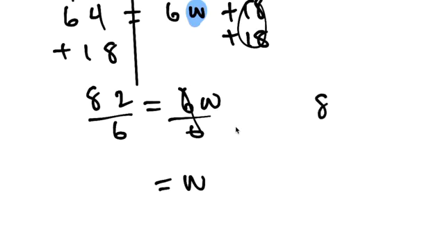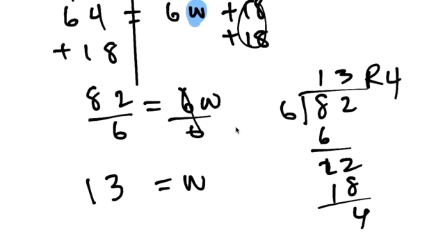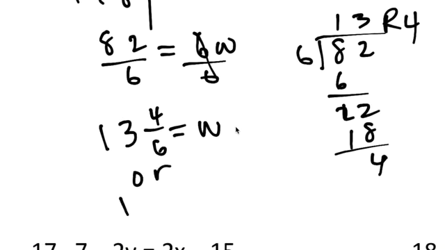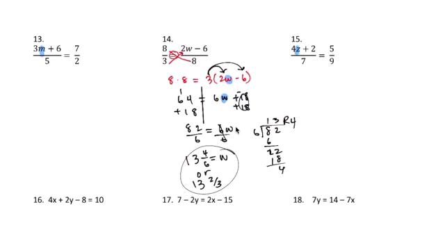Let's see, 82 divided by 6 goes in 13 times, 3 is too much, remainder 4. So your answer is 13, remainder 4 over 6. Always reduce, or 13 and 2/3. Okay, that's how you do them all, okay? Hope that helps.